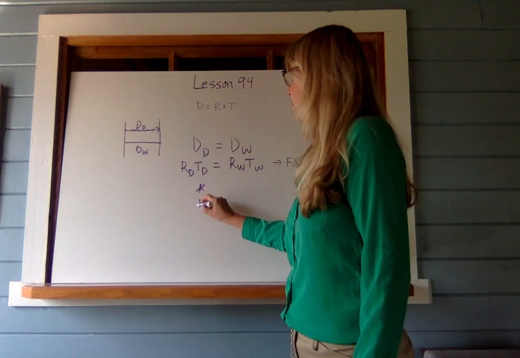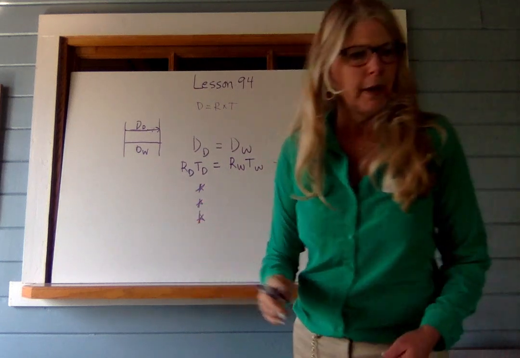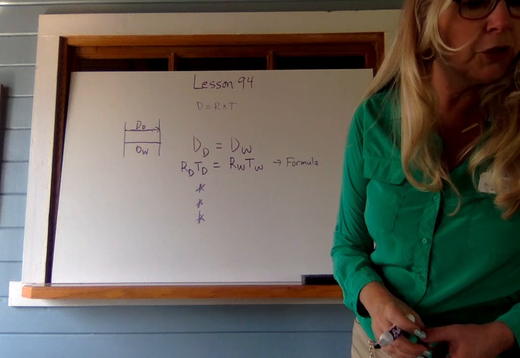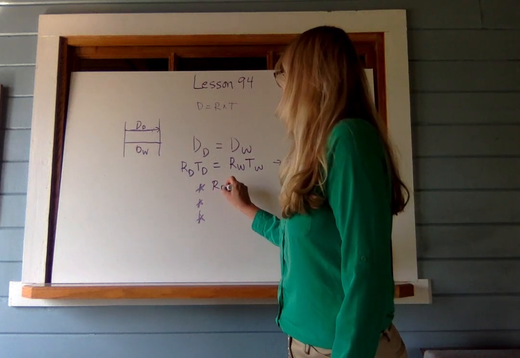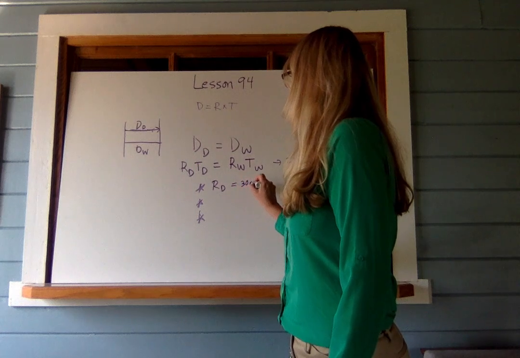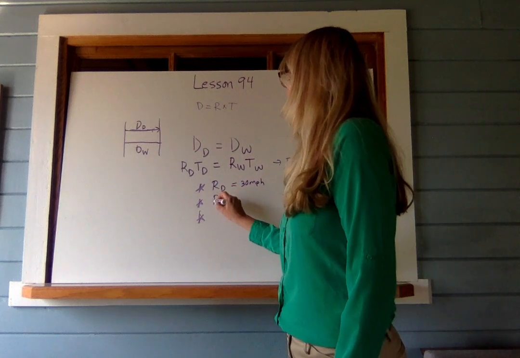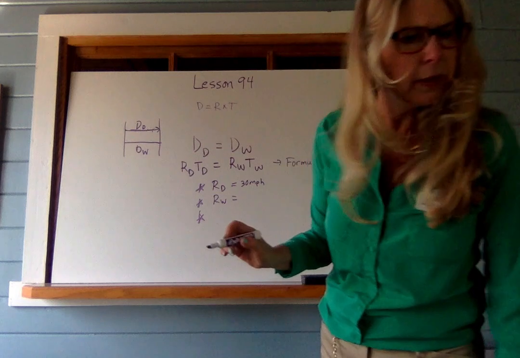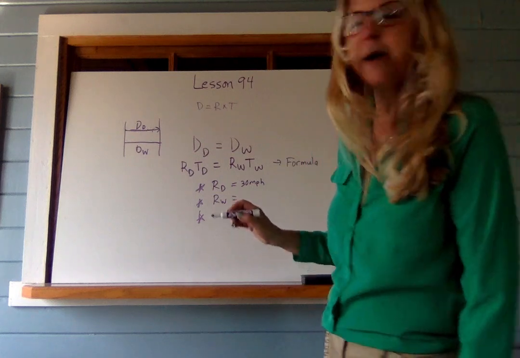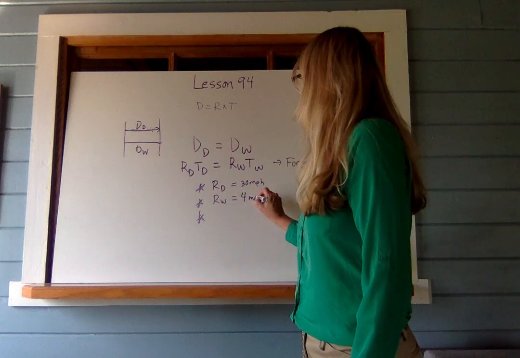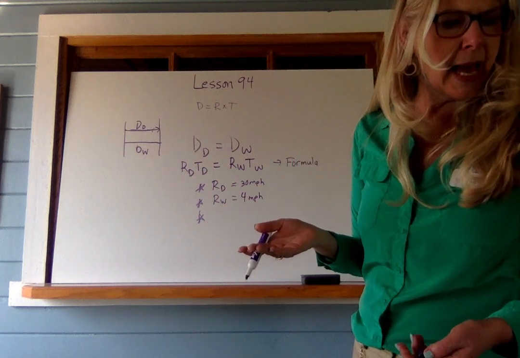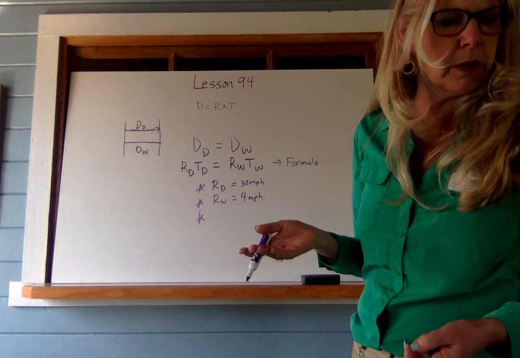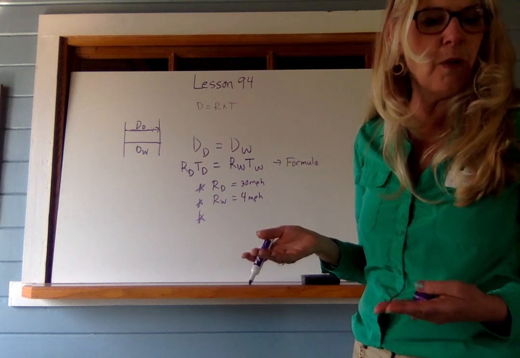Let's go back to the story problem. Joyce drove at 30 miles per hour, and the walking was 4 miles per hour. Another known: how long did she walk if she was gone for 17 hours?